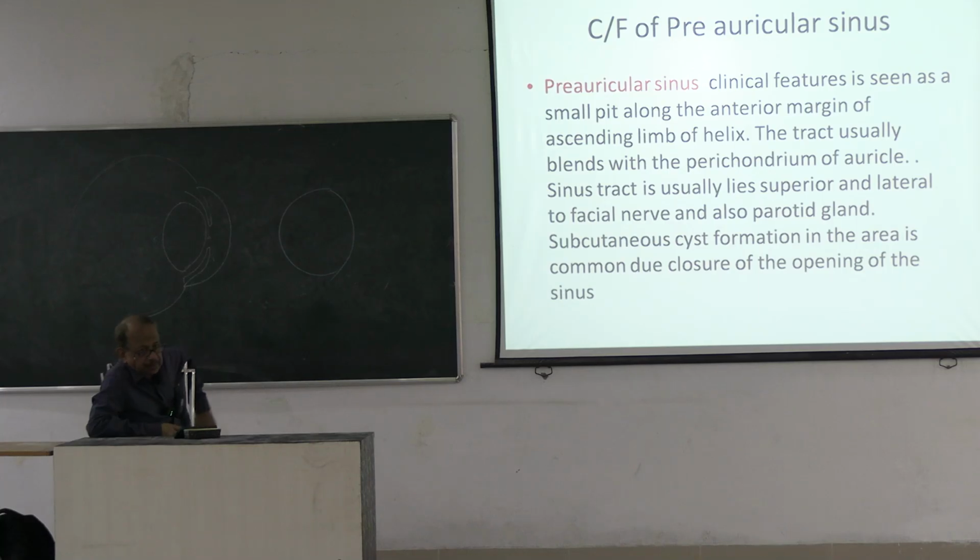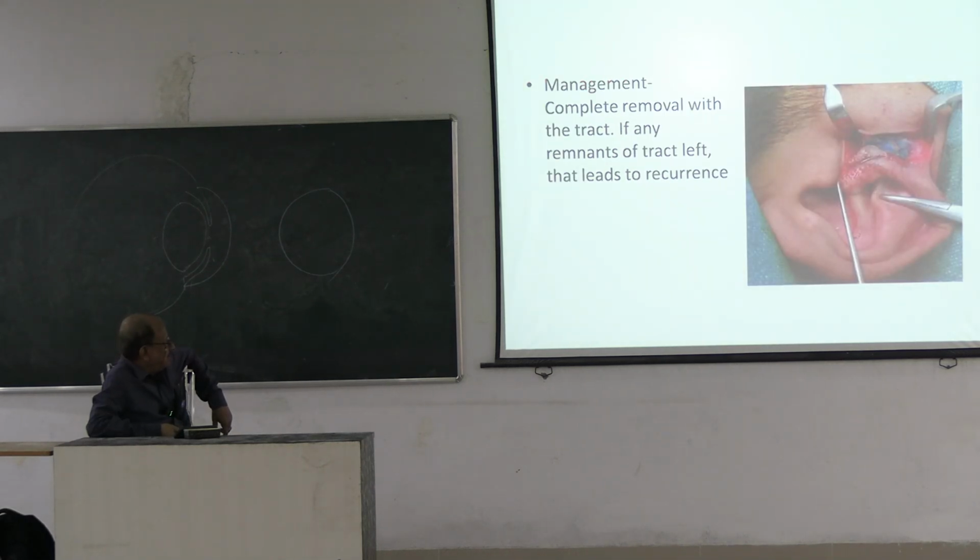If the external opening is blocked, there is accumulation of secretion inside the fistula, giving rise to cyst formation. Management is always complete removal of the tract in toto. If there is any remnant left behind, it will recur again.